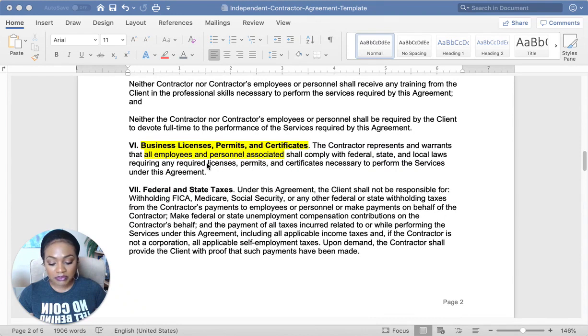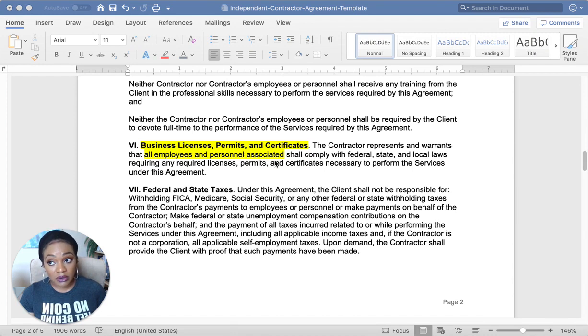I like that section. This section right here, the business licenses, permits, and certificates, I highlighted in yellow because I feel like it's just not clear. This phrase, all employees and personnel associated, isn't necessarily contradictory to the rest. However, it is a little bit unclear, because all employees and personnel associated with who?